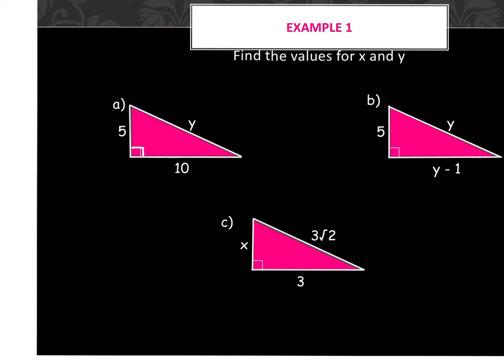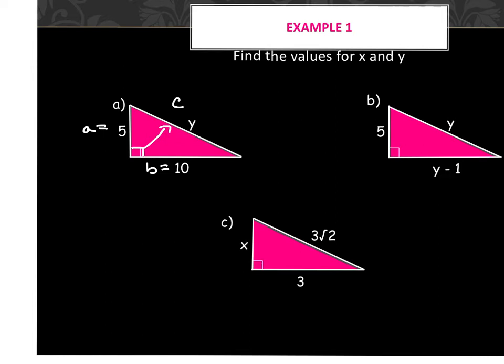So in this first example, the side across from the 90-degree angle, this Y that they're asking us to find, is really our C. And then the 5 and the 10, it doesn't matter which one you say is A and which one you say is B. I'll just say the 5 is A, and the B is 10. Again, you can switch them.